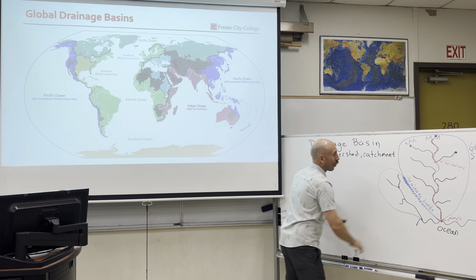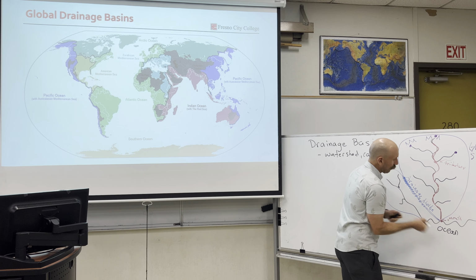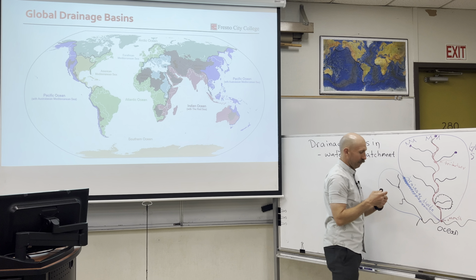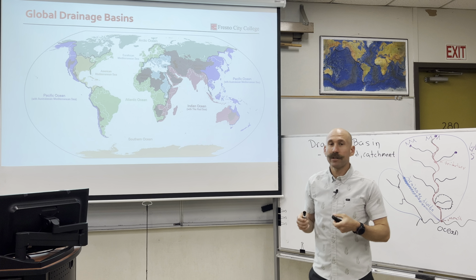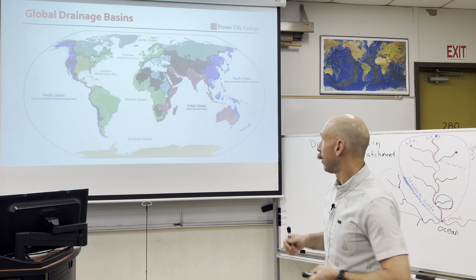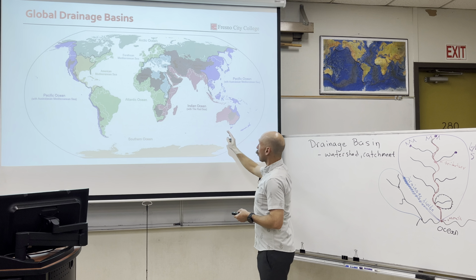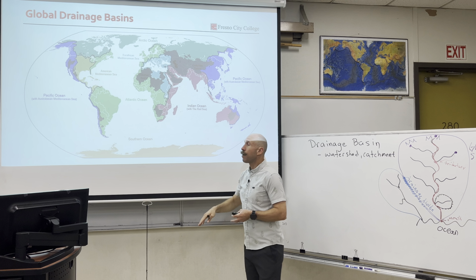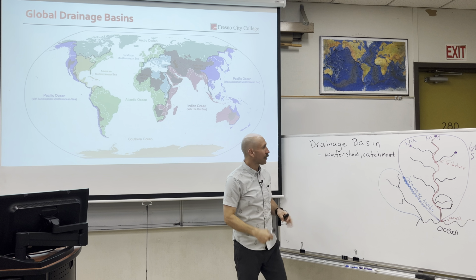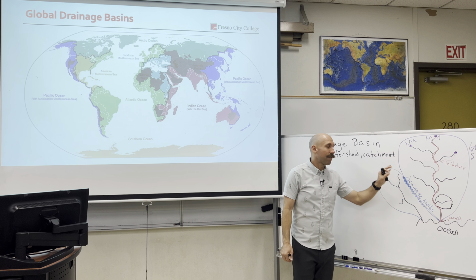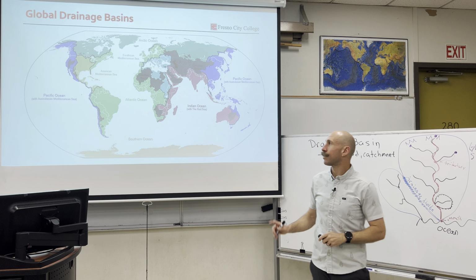So you can have a large catchment, and then you could even say this is a smaller catchment, a local drainage basin. Important to think about everything we study in terms of time and space. The global distribution has major drainage basins based on which oceans they drain to, but then within each of these global drainage basins, you have smaller drainage basins where you can really focus in on very specific river systems.